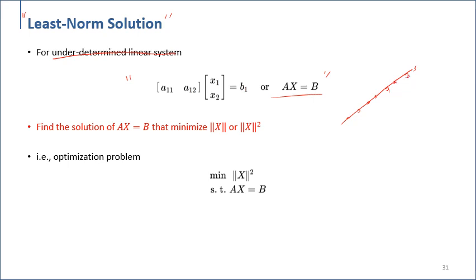The way to solve this problem is adding additional constraints. One of the easiest ways is to find the solution of Ax = b that minimizes the norm, the L2 norm. This can be regarded as an additional constraint.